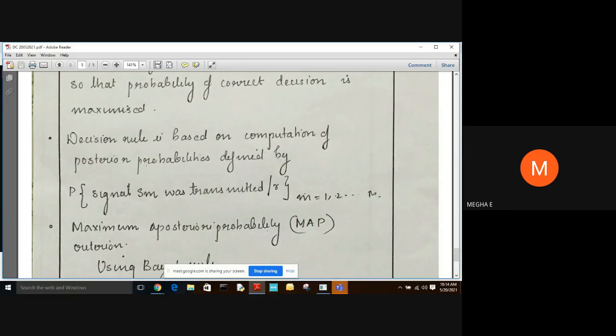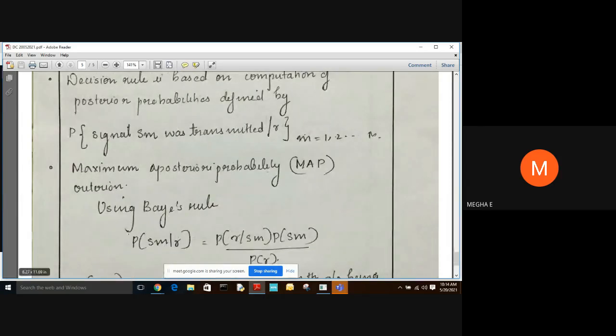Based on the computation of this probability, we get the maximum a posteriori probability, this is the MAP criterion. This MAP criterion follows Bayes' rule. So this P of Sm given R is the decision rule.